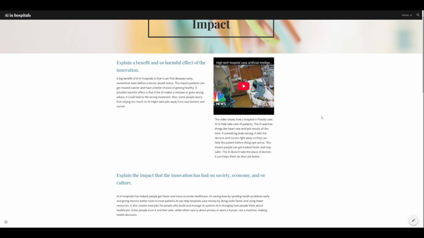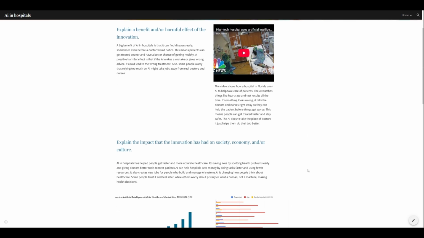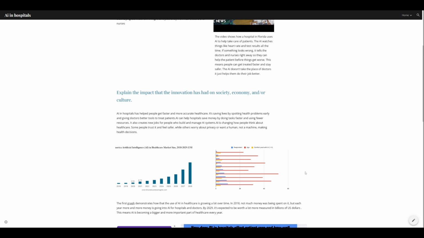It was from a hospital in Florida that uses AI to take care of patients. It can scan their facial expressions and help the doctors recognize what they need and how they're feeling, and track all their vitals, without the doctors having to carry the stress of all that themselves.